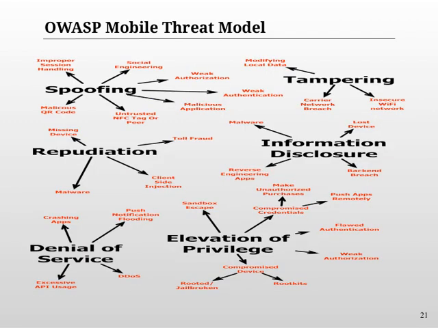Let's take a closer look at the OWASP Mobile Threat Model. This model provides a structured way to identify and understand the key security risks that mobile applications face. It helps us categorize threats based on the attack surface, which includes things like the data stored on the device, the communication channels, and the app's code. By understanding these categories, we can better anticipate where vulnerabilities might exist.